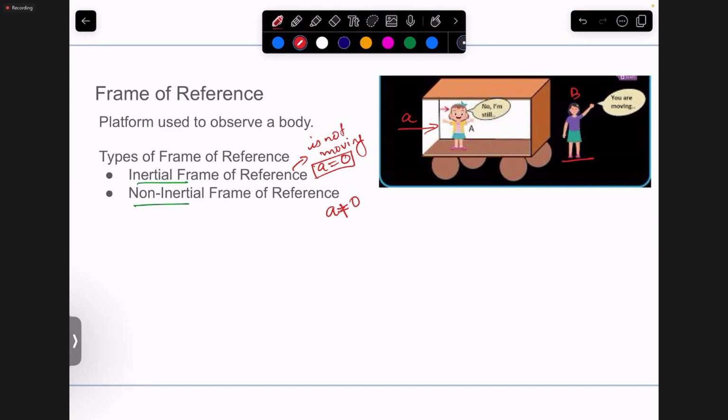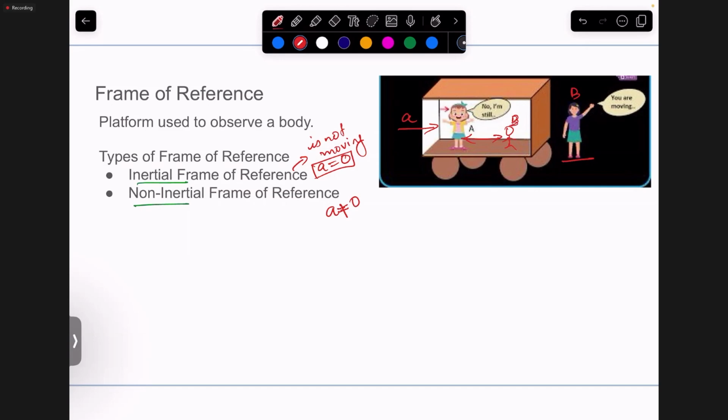So for this girl, if B was standing inside here on this frame of reference, then this girl appears to be stationary to this observer, right? Why? Because when he is looking, there is no change in displacement or velocity with respect to this observer. So for this person B, this A will be at rest.